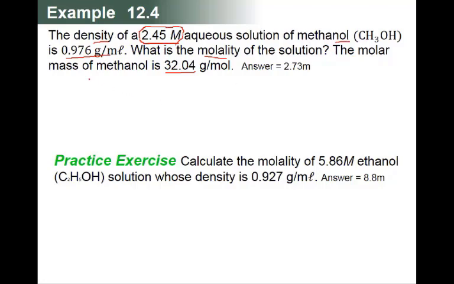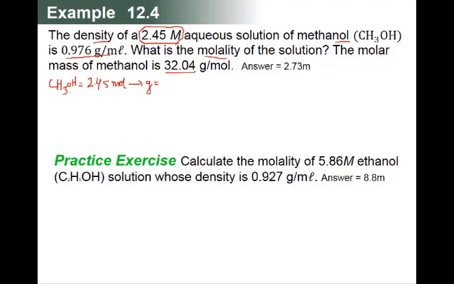So we write here CH3OH is equal to 2.45 moles, and then to convert into gram we use the same formula, but the shape will be changed.